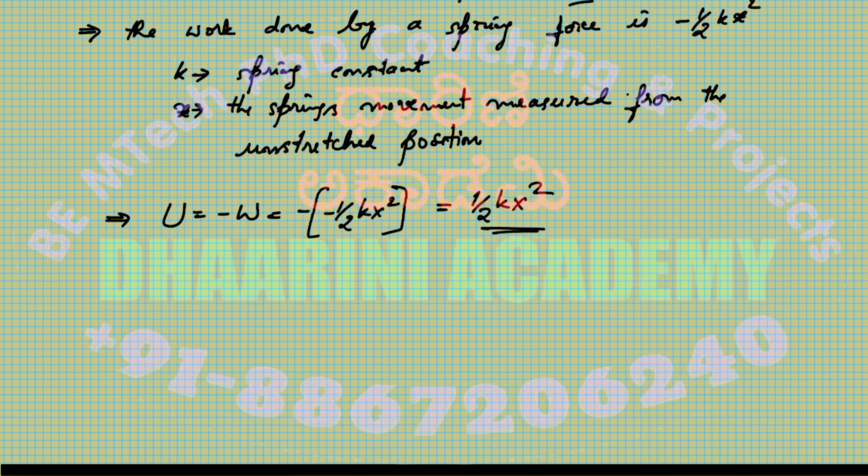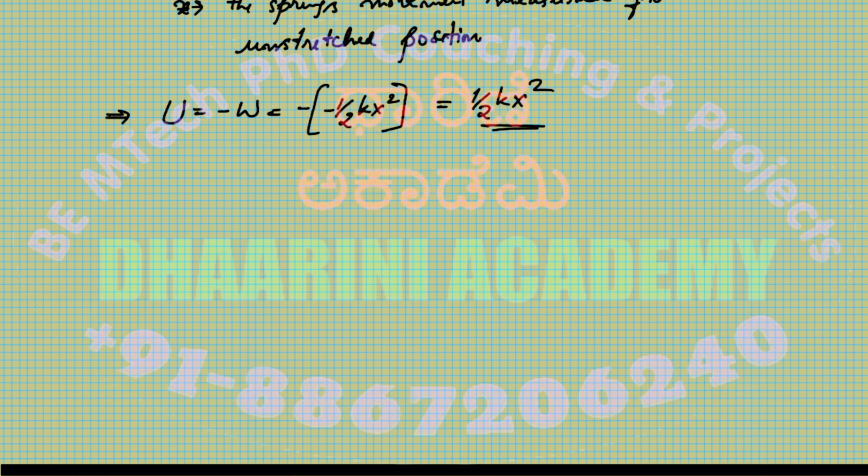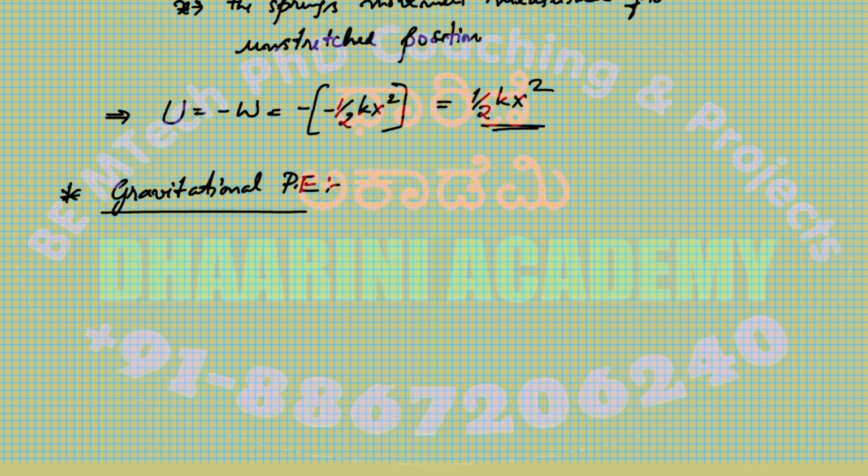Okay. The next type of potential energy which we are going to consider is called the gravitational potential energy. In order to measure the gravitational potential energy, we need two different objects of certain masses.